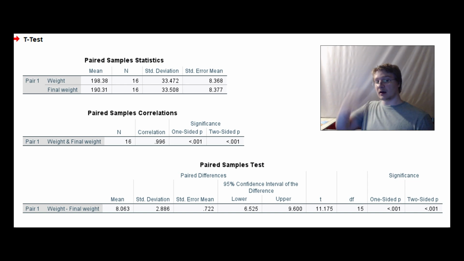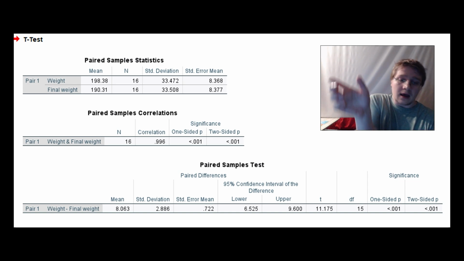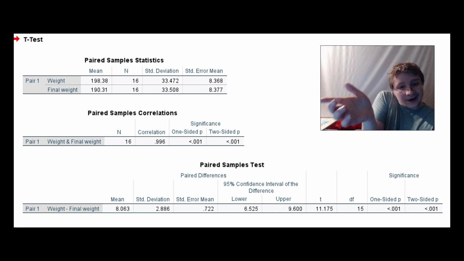Then the number of our participants is 16 people. We have our standard deviation, which isn't straying too terribly far off of the mean line, so 33 pounds both ways. Standard error mean, there it is.